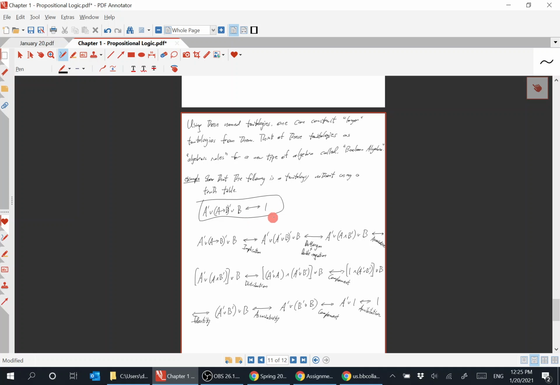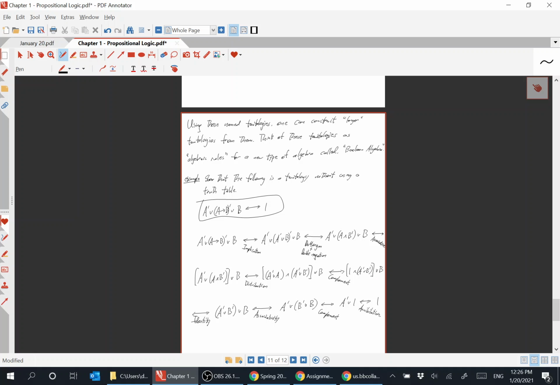We showed that by using those tautological equivalences in a chain, starting with the left-hand side and working all the way to the right-hand side, where under each equivalence we give the name of the equivalence used: implication, De Morgan and double negation, associative, distributive, complement, and so on.